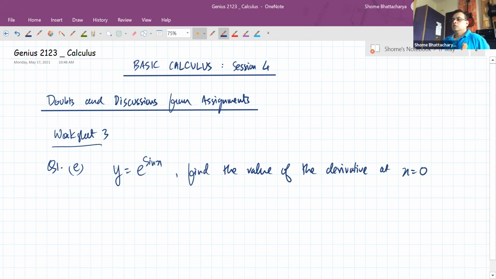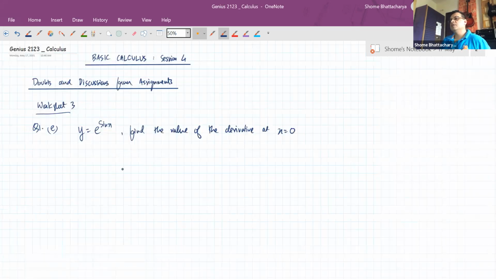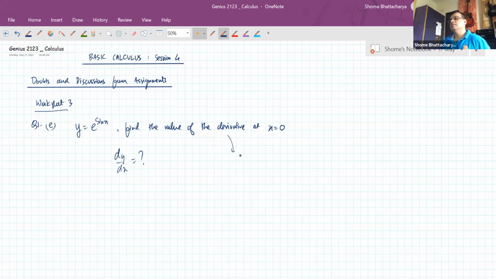That means first we have to find dy by dx, and then find the value of dy by dx specifically at the point x equal to 0.